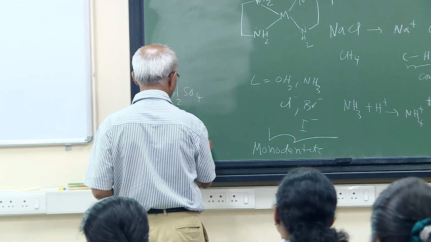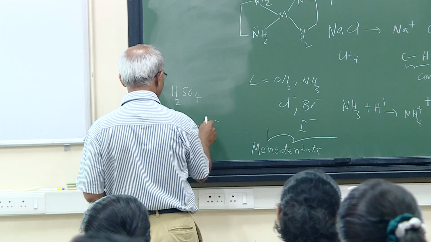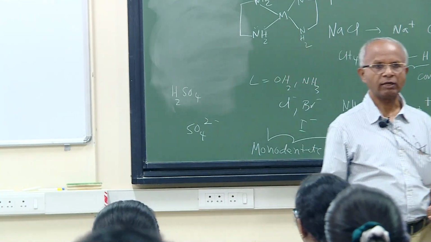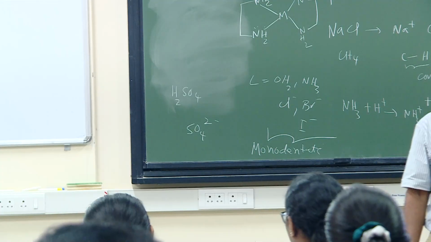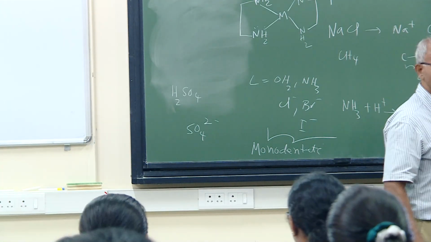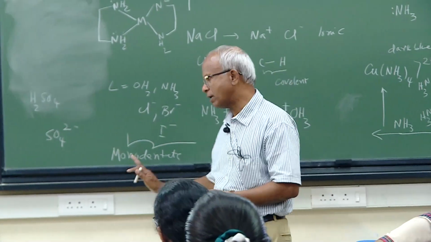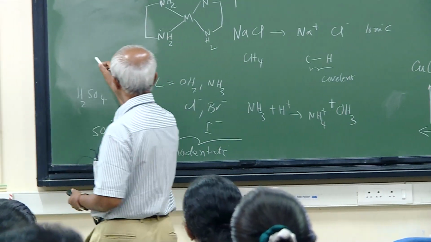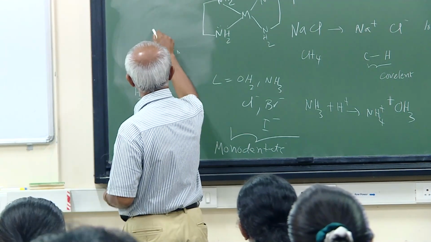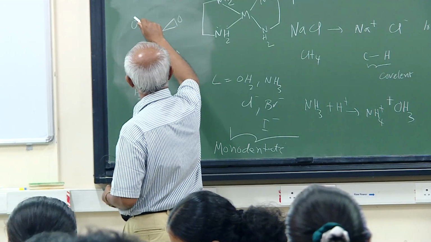Only if it is SO4 2 minus, that means a salt, then it will coordinate. Acid will not allow it to coordinate because it will protonate the ligands. No sir, I mean in the structure of sulfuric acid. Sulfate can coordinate. Sulfate has a tetrahedral geometry, so it can coordinate.